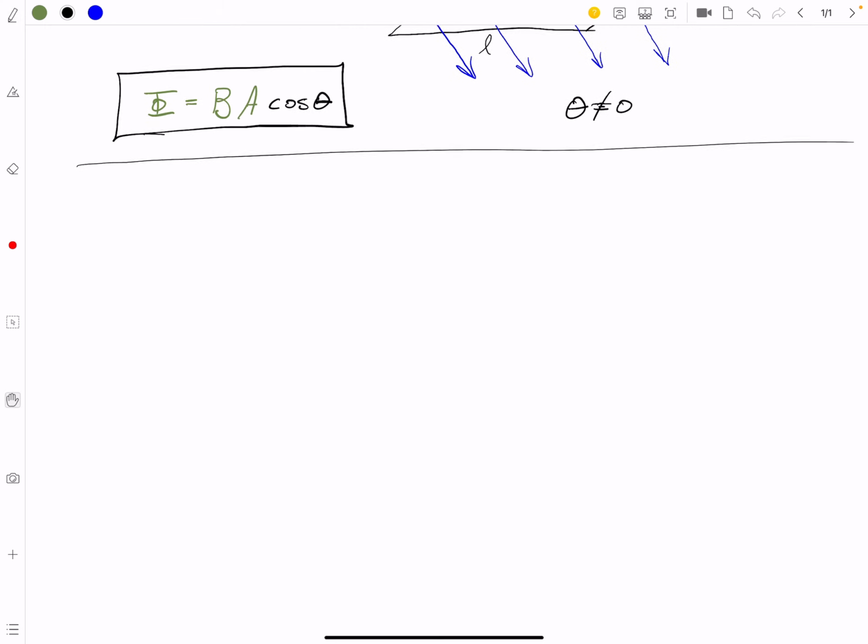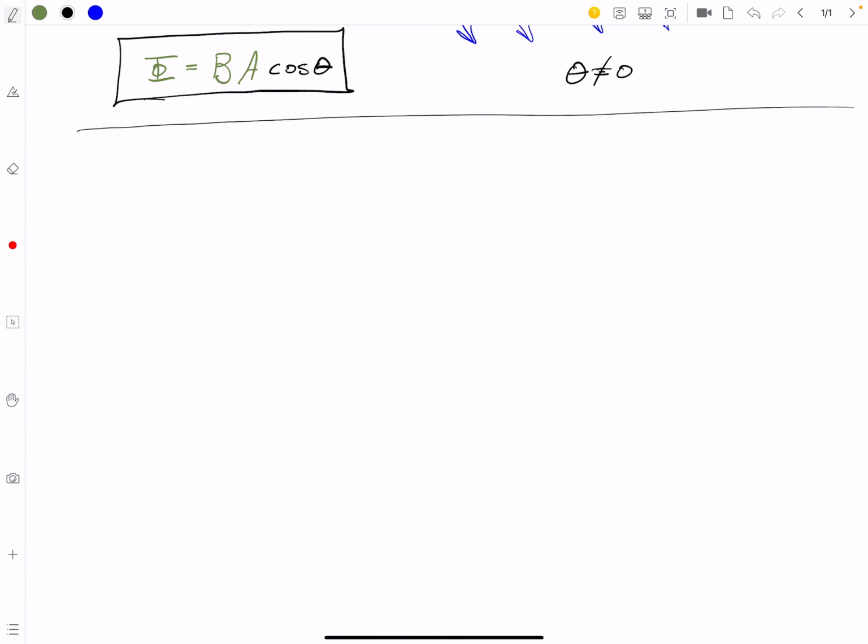So let's go up here a little bit and talk about Faraday's law of induction. So remember we were talking about a capacitor and the units of a capacitor.